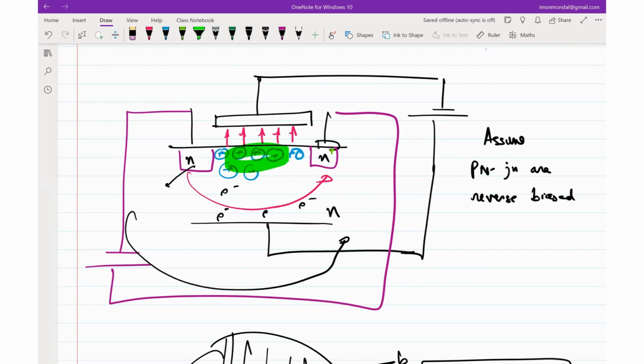So what we then say is that forget about this N. Let's dope it with a p-type impurity, maybe boron. So now something interesting happens: this becomes a PN junction, right? So essentially, this is a PN junction. Correct? So by putting in a bias in such a way that this PN junction is reverse biased, all we are doing is saying that this path is not allowed anymore.